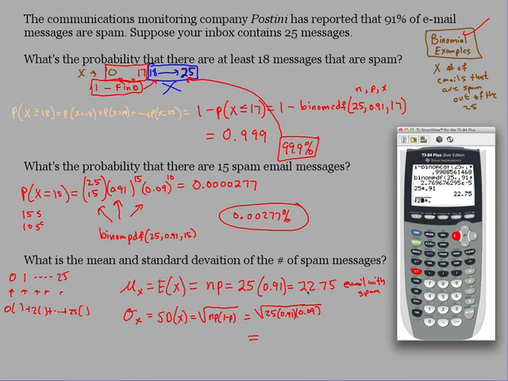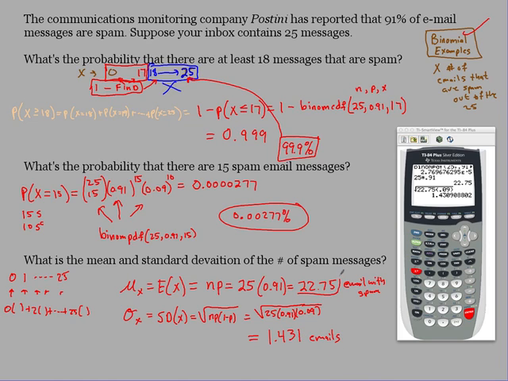See, this is np right here. So I have np already. So I have the first two times together already, which is 22.75 times 0.09. Okay, so this comes out to be 1.431 emails.